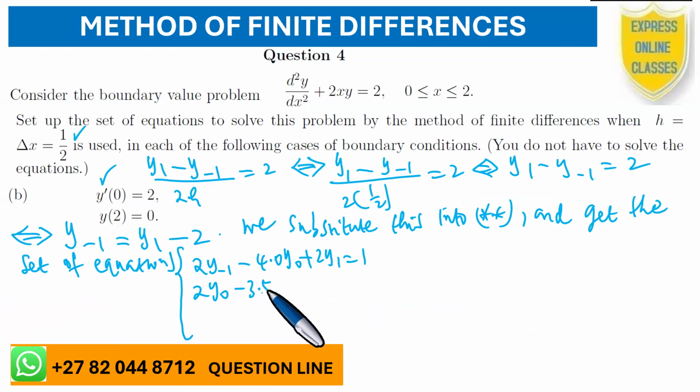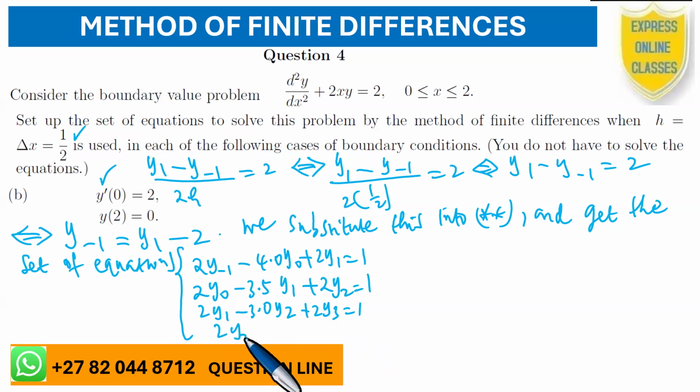Then minus 3.0 y0, which is 2y2 minus 2.5 y3. Okay, let us check.